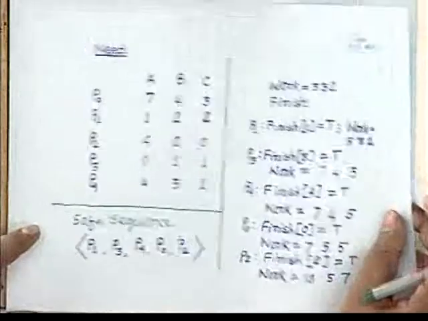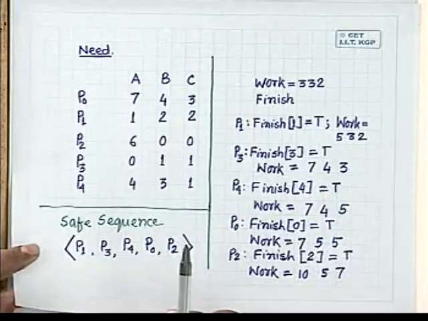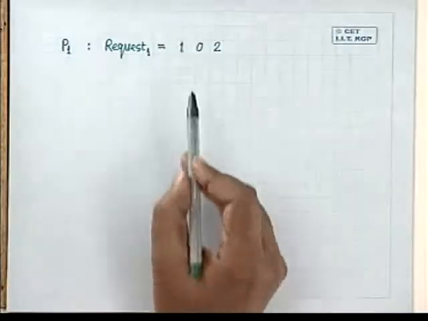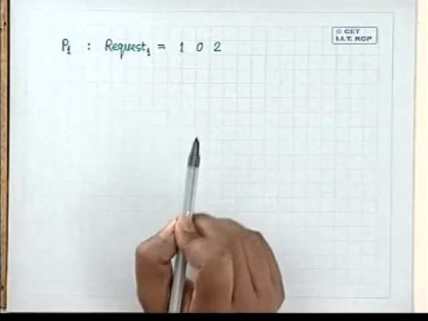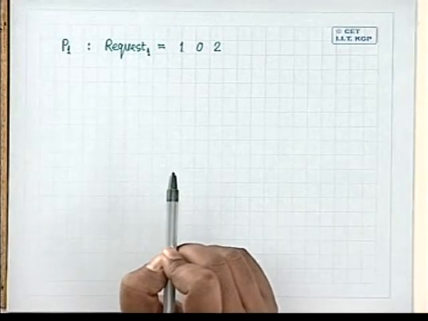If it is not less than or equal to need, then immediately the request will be aborted. You find that the future need of process P1 is 1, 2, 2. It has requested 1, 0, 2, which is less than or equal to need. That means this request is a valid request.